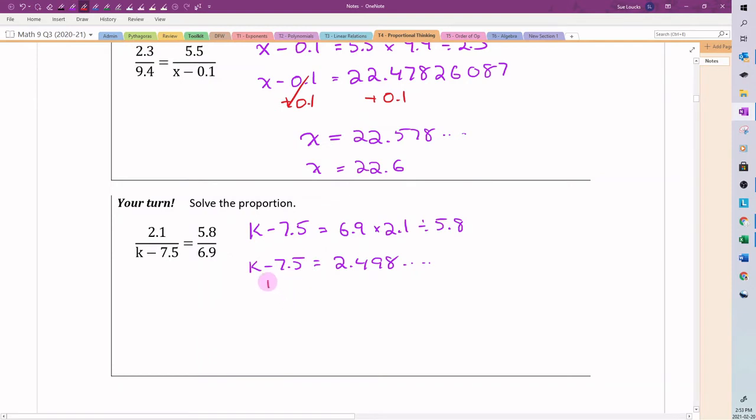And I need to add 7.5 on the left and add 7.5 on the right. And I get k equals 9.998 something or other. And I'm going to round that to 1 decimal place because that's what my question is rounded to. So I'm going to round that to 10.0.